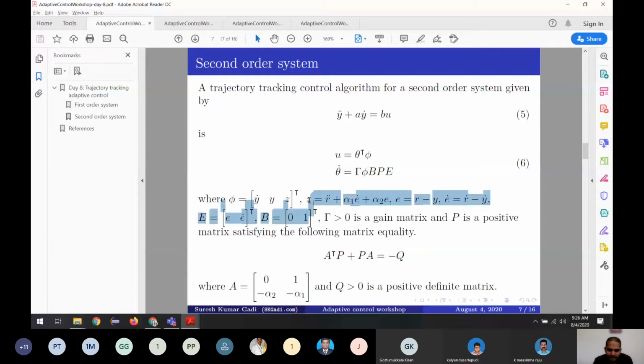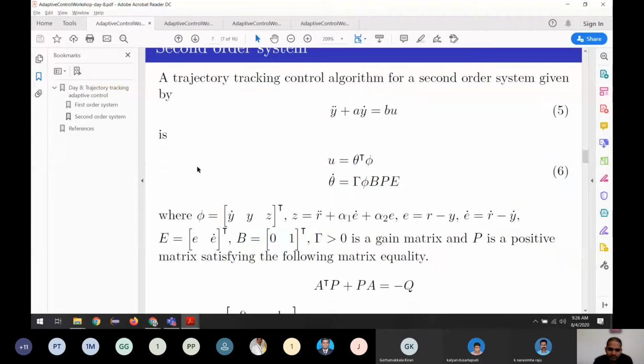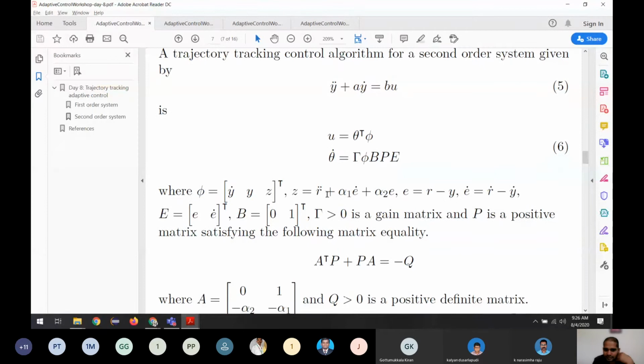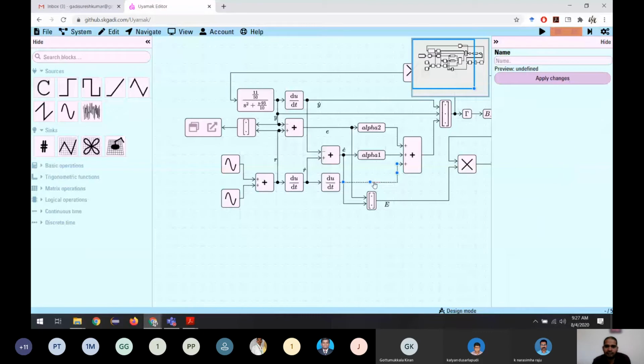We're trying to add something. Let us calculate this Z. What is the Z? Z is the sum of three terms. The first term is R double dot. The reference is derivated 2 times. So this is R dot, and this is R double dot, right?